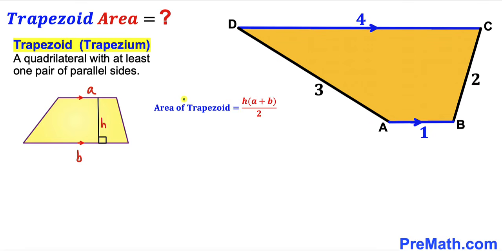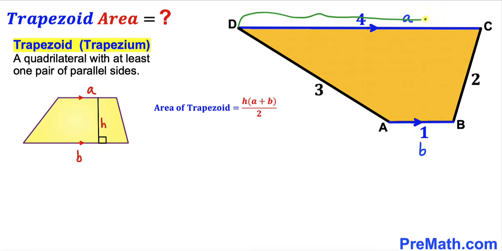Now let's recall the area of a trapezoid formula. Area equals height h times base a plus base b, all over 2. Here we can see one base is lowercase a, the other base is lowercase b, and the height of the trapezoid is lowercase h. Now let's revert our attention back to our problem.